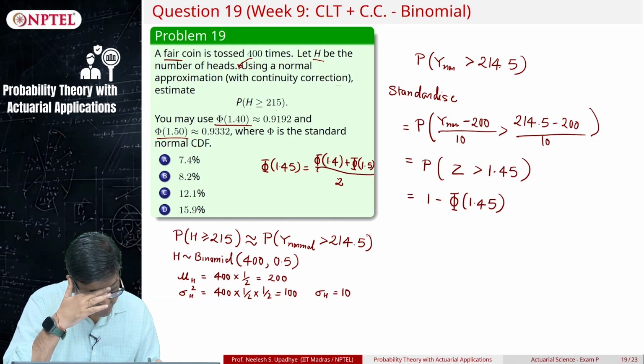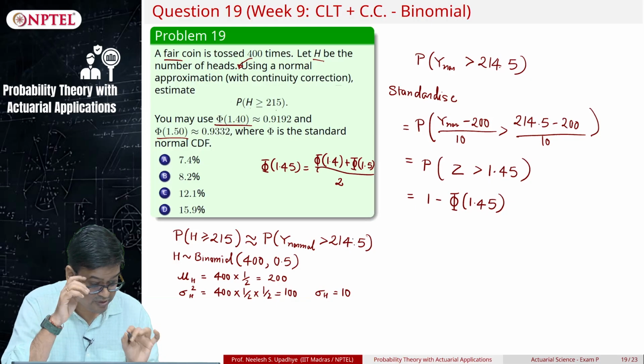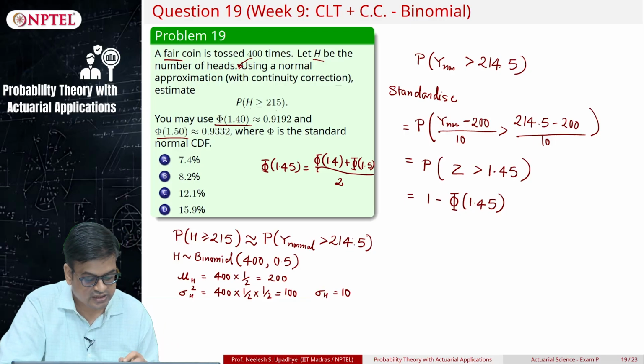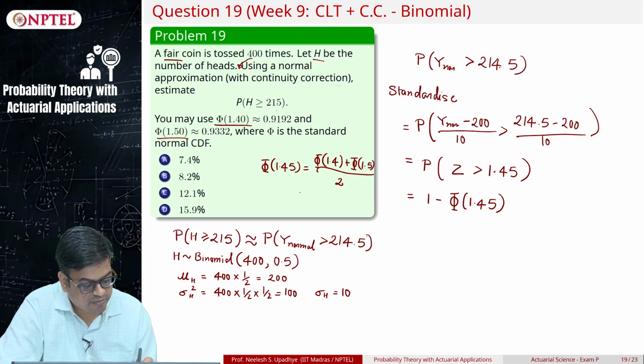Had I not applied that continuity correction, this would have been phi of 1.5, and one of the answers may match, but that is not correct.